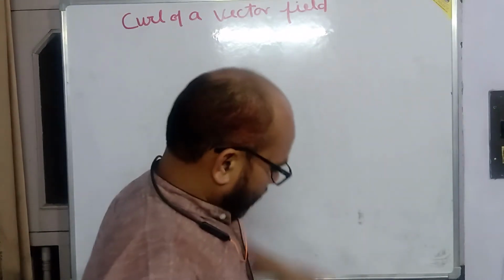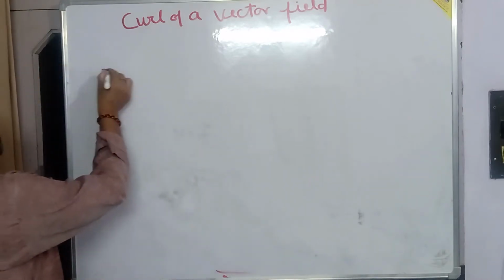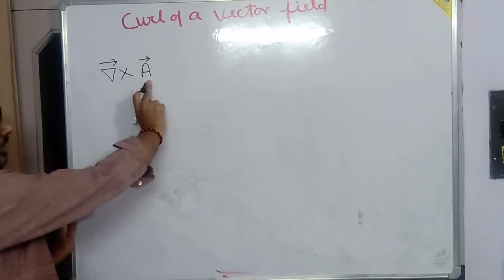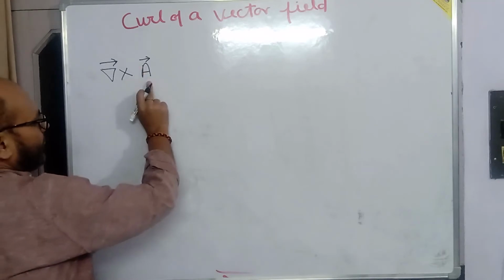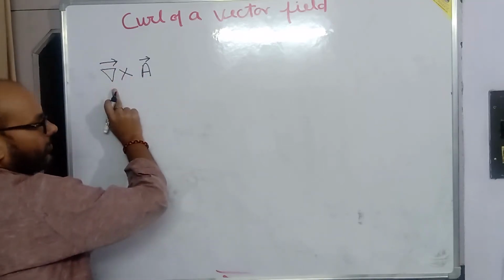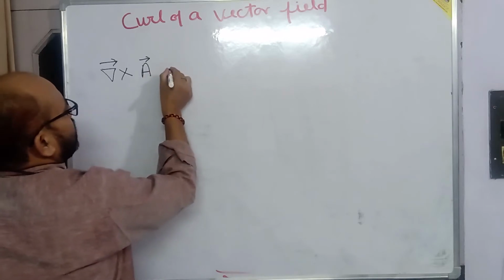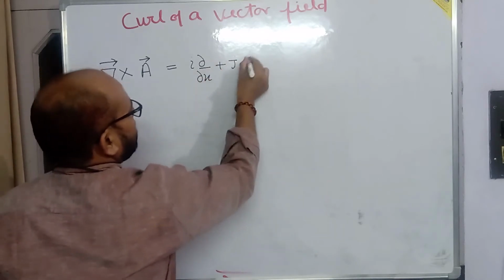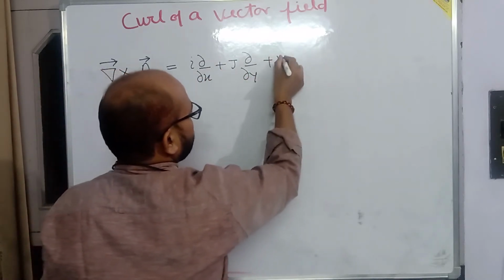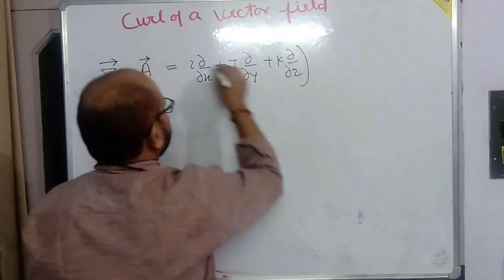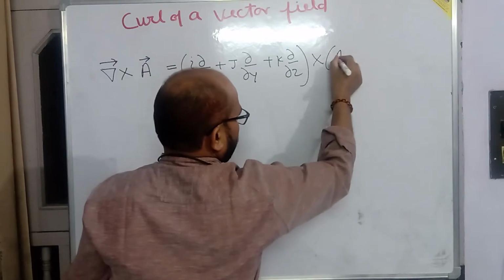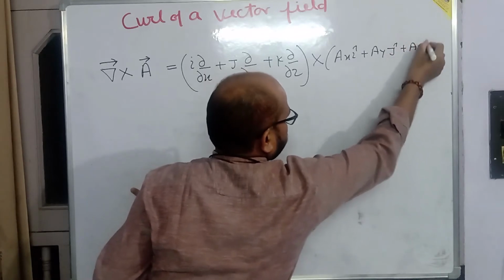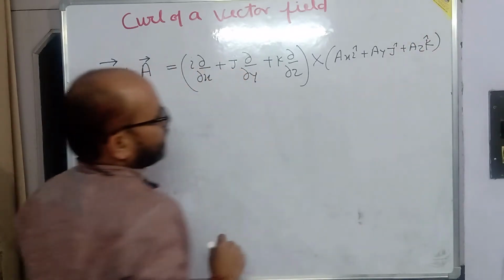We can write del cross A, where A is the vector field and the del operator is also a vector quantity, a vector operator, equal to i del by del x plus j del by del y plus k del by del z, crossed with Ax i cap plus Ay j cap plus Az k cap.